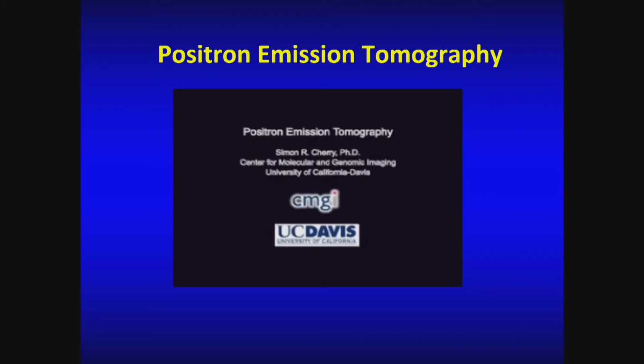I like this next movie clip made by Simon Cherry from UC Davis, and it shows the principles of PET imaging for the most common clinical use currently. And that is a radio-labeled form of glucose or sugar is injected into patients with cancer, most cancers, many of them.